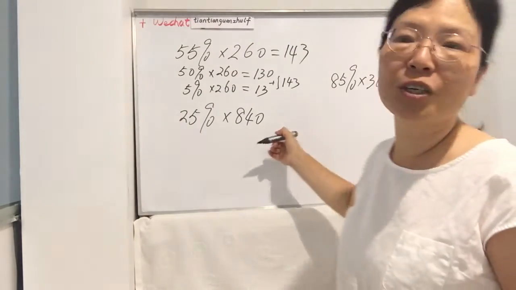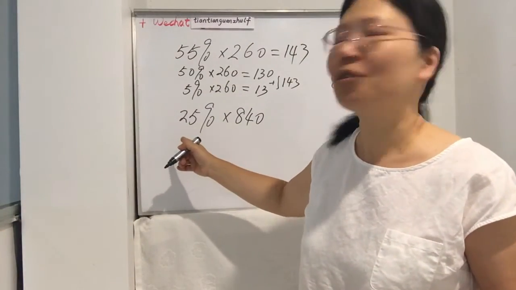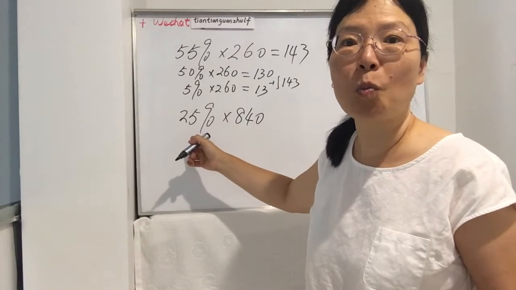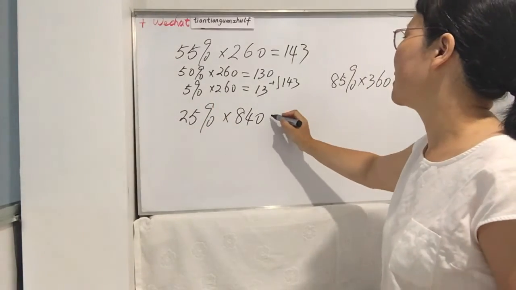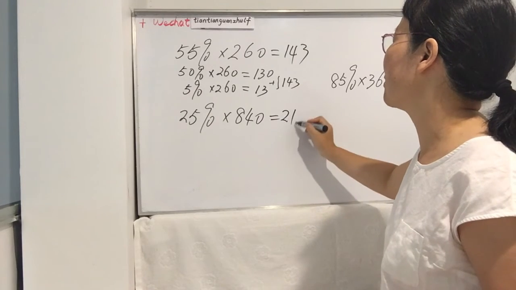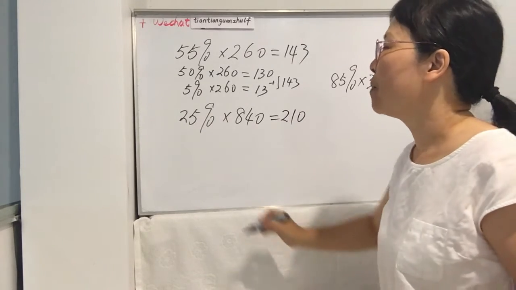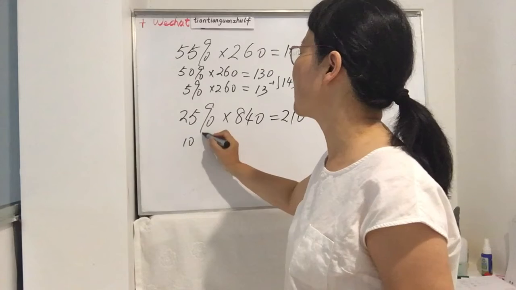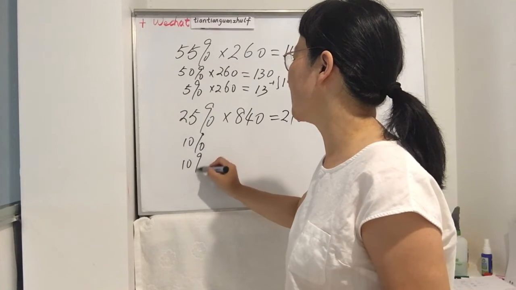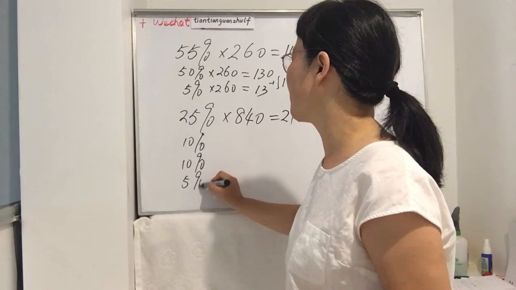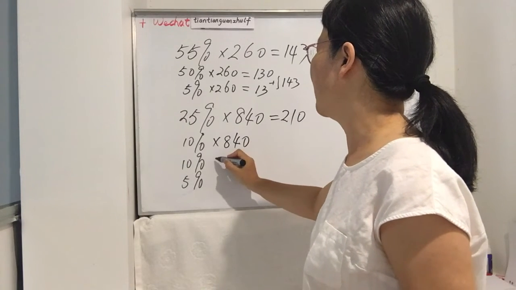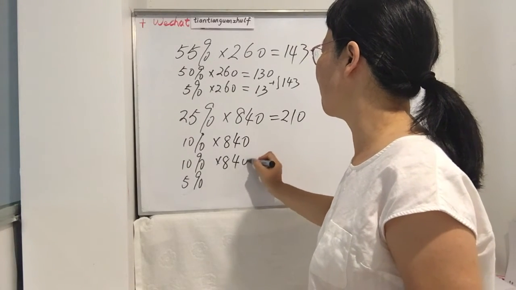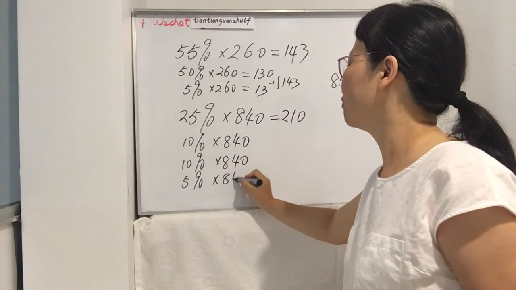Second one is a little trick. If before you didn't know, 25% actually is 1/4. So you can very fast work out 210. But if not, you can do this way, 10% plus 10% plus 5% of 840.